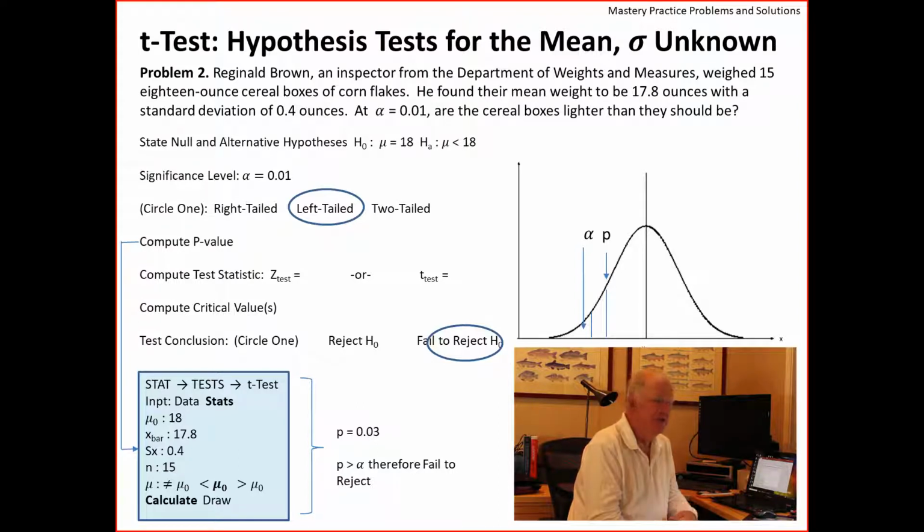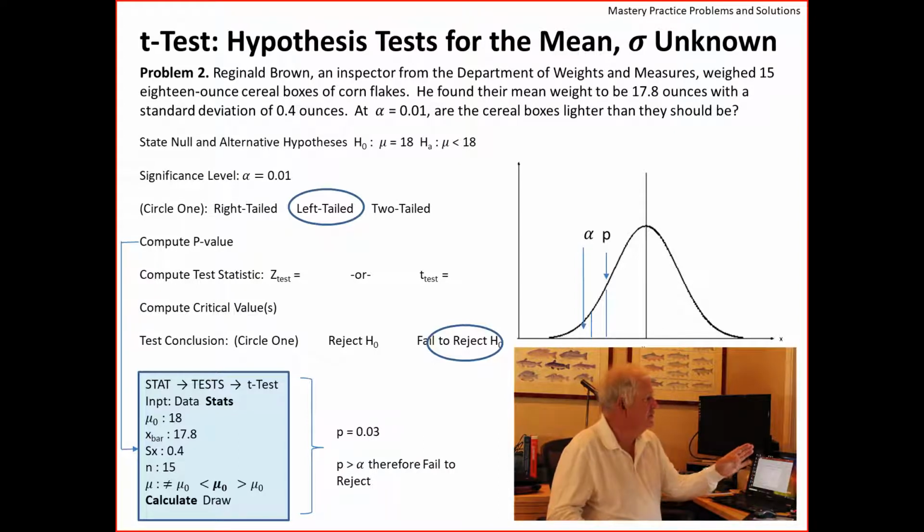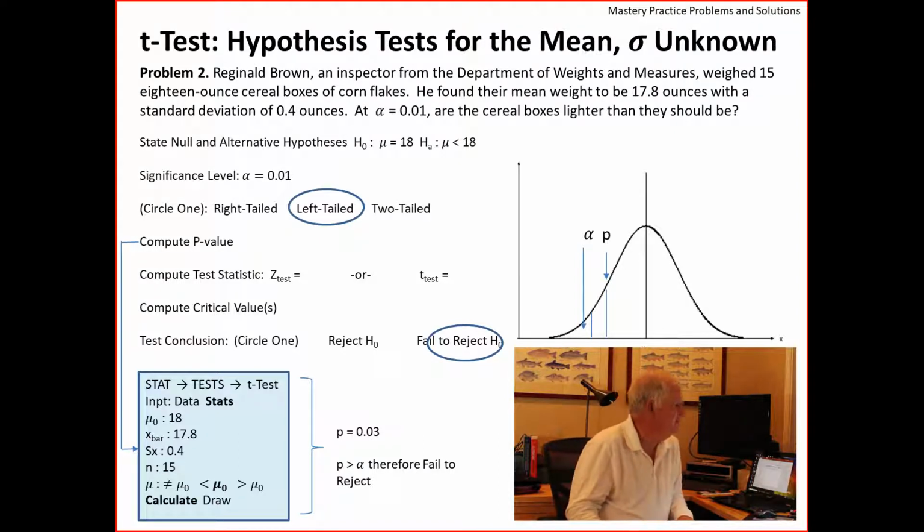The mean of the sample is 17.8. The standard deviation of the sample, remember this is a hypothesis test where sigma is unknown, is 0.4. Reginald Brown weighed 15 boxes, so n is equal to 15.